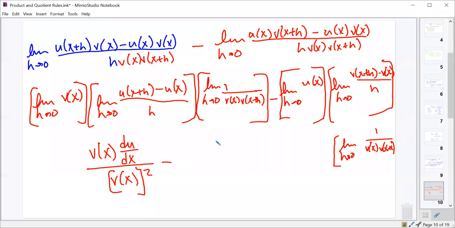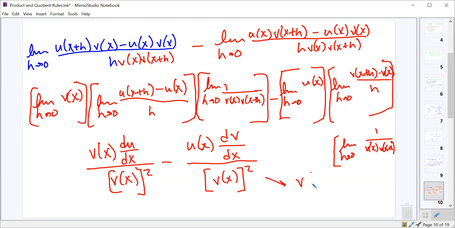And then we have minus u of x, and then this is the derivative of v. And that's all going to be over another v of x squared, right? And since those both have the same denominator, we can combine them together into v, the derivative of u, minus u, the derivative of v, all over v squared. And that's the quotient rule that you're going to have memorized.